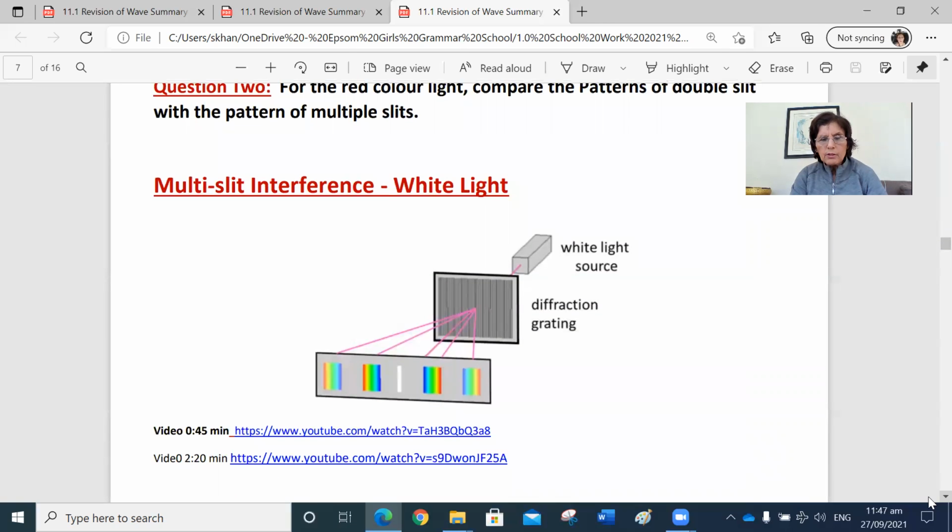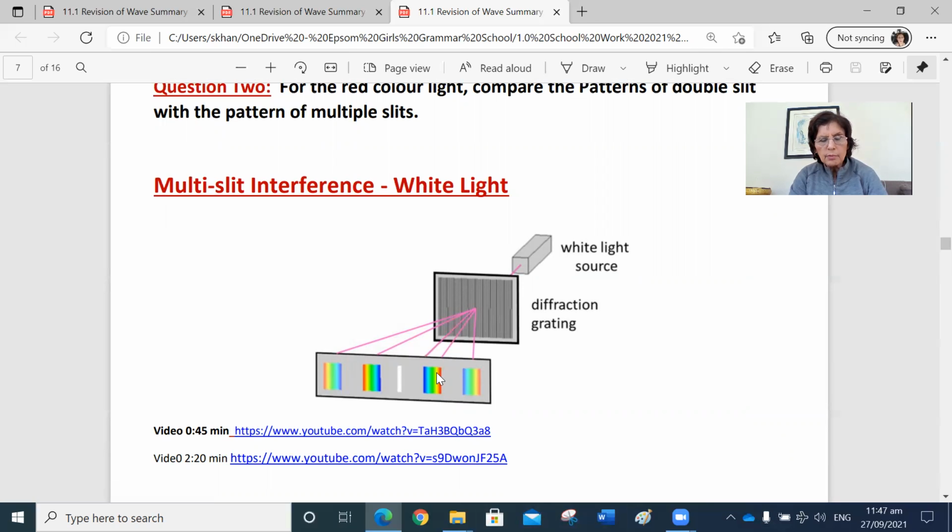Now, instead of using one color light, if white light is shone on a diffraction grating, what is seen is white light in the middle and then spectrum on either side. Blue is seen towards the center and red is towards the outside. This is called the central bright band, first order spectrum, second order spectrum, and same on that side.